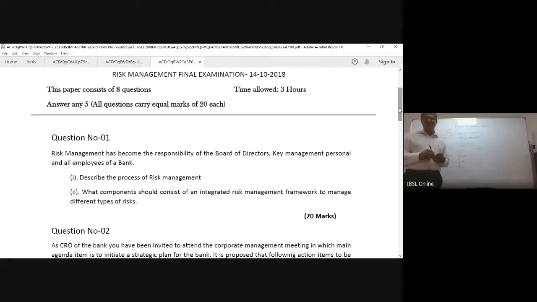So we need to study those contracts well and see that our obligations are met, because of legal risk. We also talked about another called reputation risk.